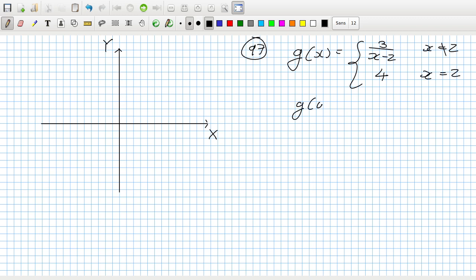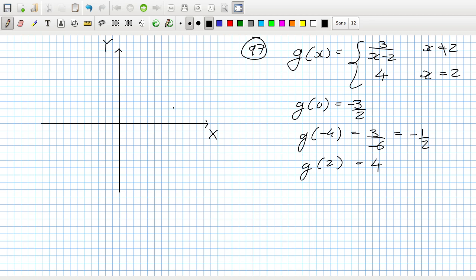So g of 0 would be minus 3 over 2. g of minus 4 will be 3 over minus 6. That's minus a half. And then, naturally enough, g of 2, which would be 4 then.